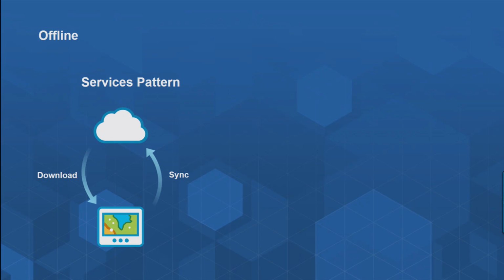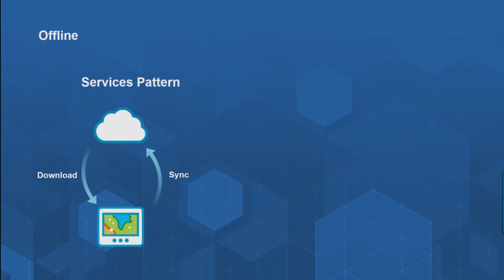Normally you just pass in an extent of the area that you want to work in when you're offline, and you send that request off to the server and say, make me an offline geodatabase. The server will create that and you'll download it so that it's stored on your device. So when you fire up the application, when you don't have any network connectivity, you can just connect to that geodatabase and be able to view and edit your data when you're offline.